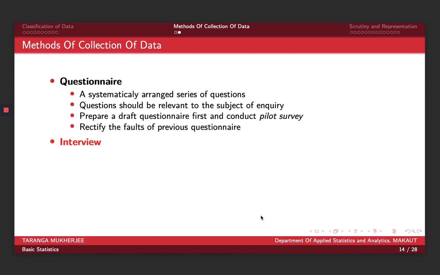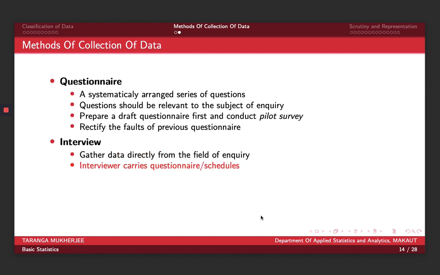Next, we can perform the interview method. What is that? The interviewer would visit each household or visit a person, and that interviewer will question one by one regarding the query. So this is a very efficient method of getting data correctly from the field of inquiry.